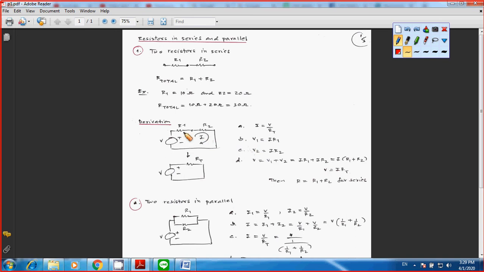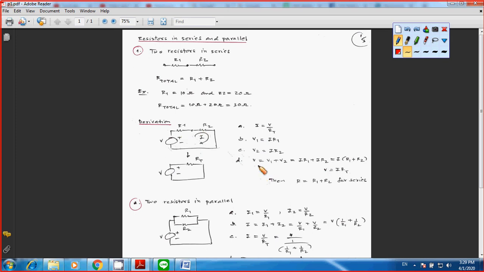And the voltage drop across R1 is going to be IR1. Same as the voltage drop across R2 is going to be IR2. So from KVL, you're going to have V equal to the voltage drop across R1 plus the voltage drop across R2.